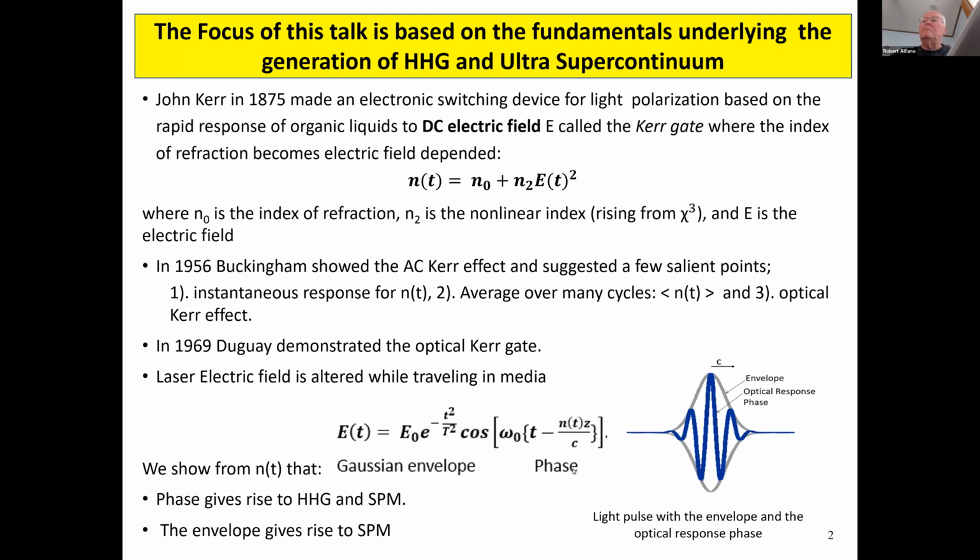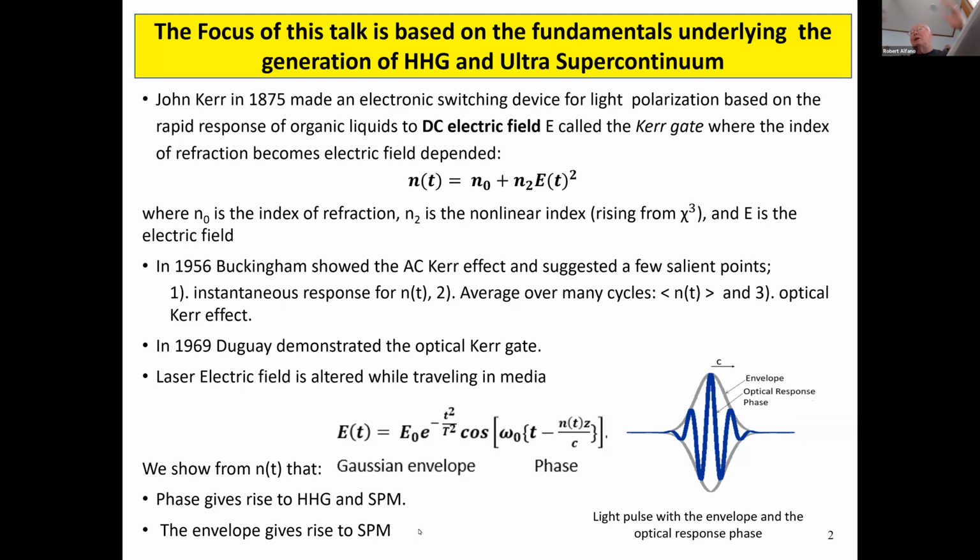The phase of the wave gives rise to HHG. We're going to show clearly that the phase causes not only the HHG, but the self-phase modulation about each HHG pulse, while the envelope gives rise to self-phase modulation.